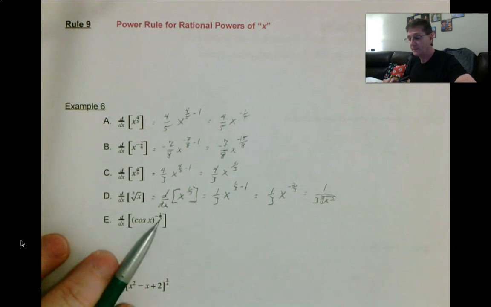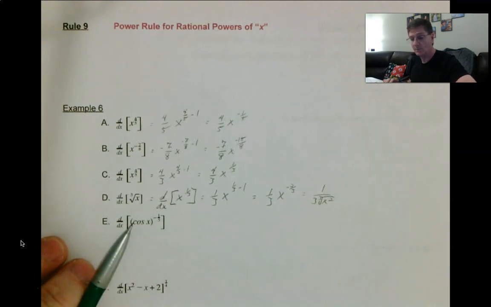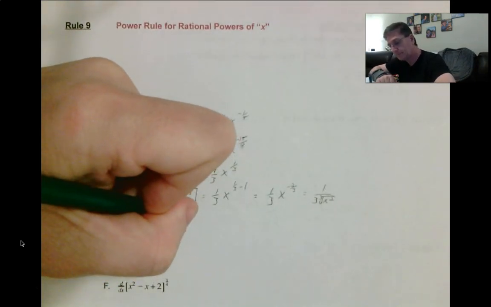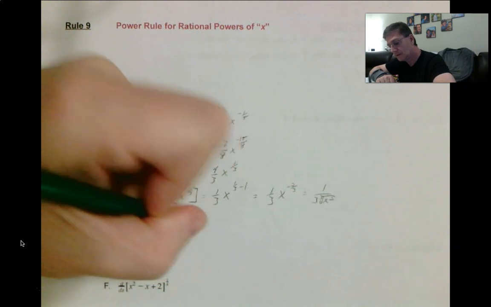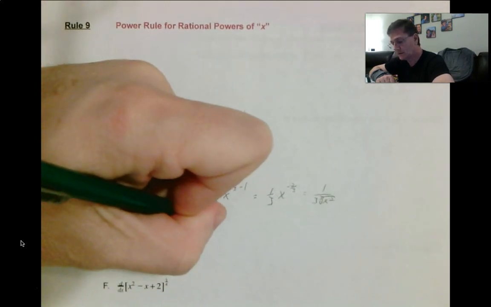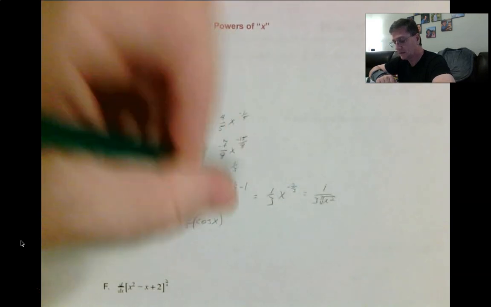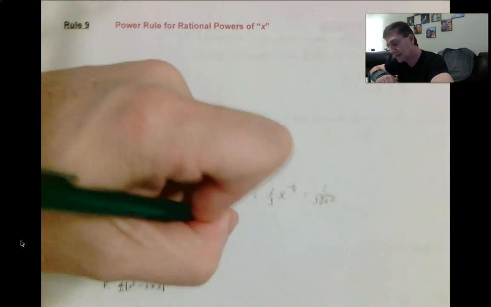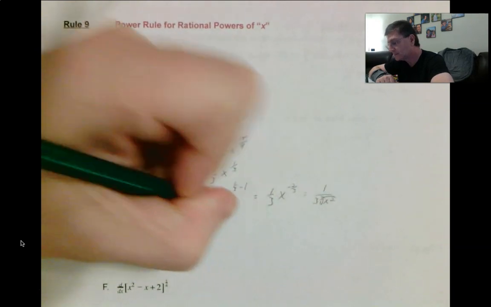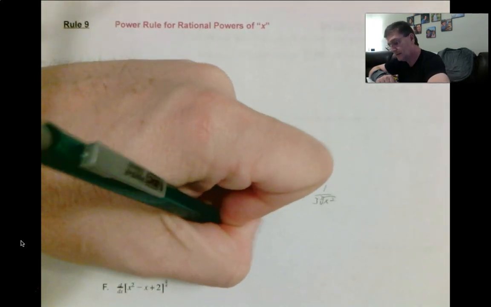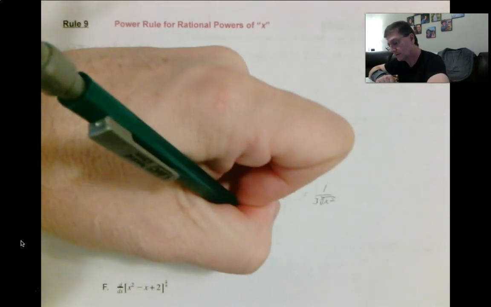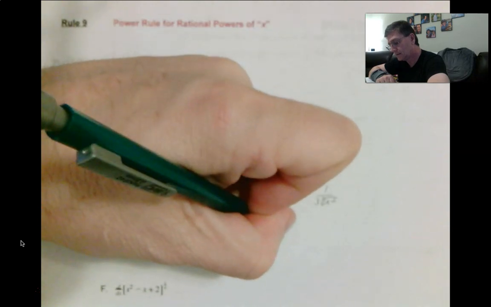Part E is again a power chain rule. Okay. Take the exponent, put it out in front. Negative 1/5 cosine of x to the 1/5 minus 1, or negative 1/5 minus 5/5 is negative 6/5, times dx of the inside function, cosine of x.